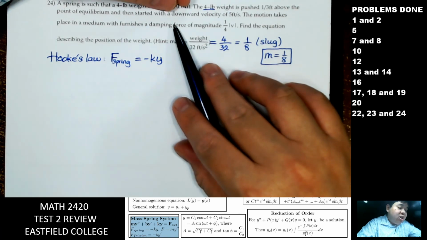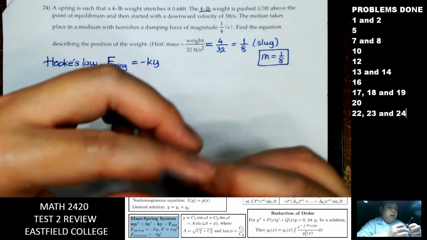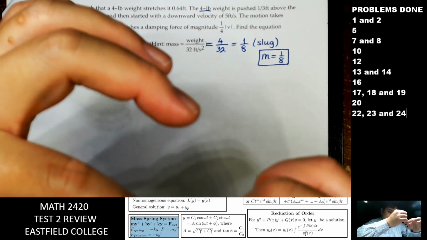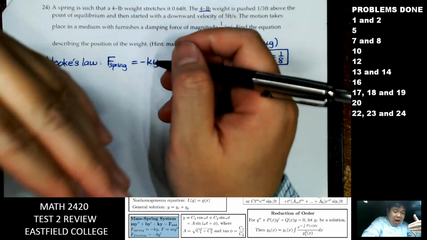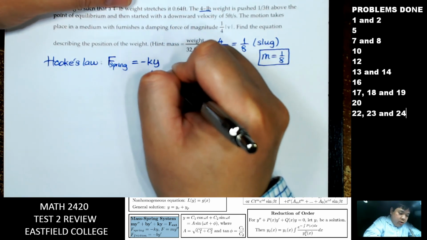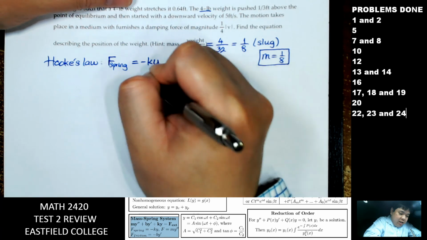If we stretch 0.64 feet, obviously it's going to stretch down, so we're going to move down. Anything moving down is negative, so actually y is negative 0.64 feet, and that's for k.